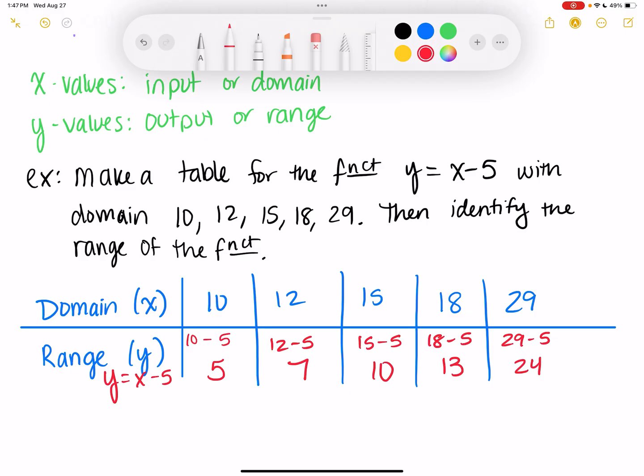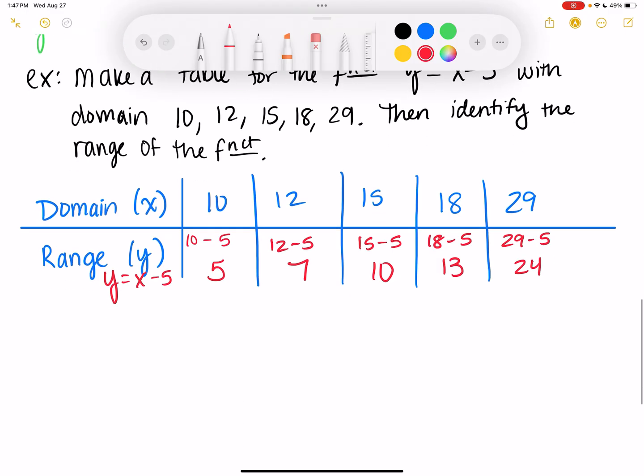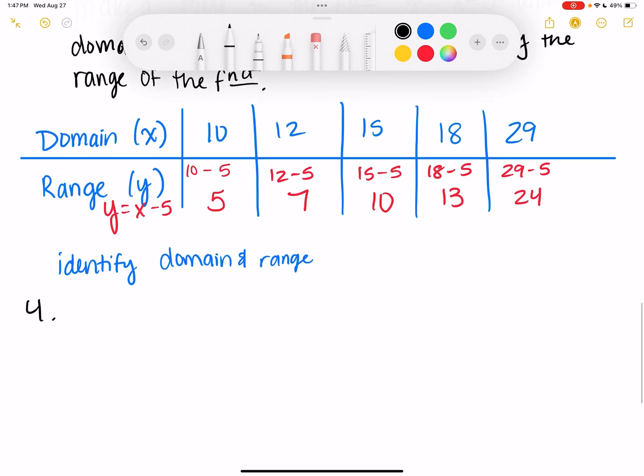Identify the domain and range of the function. So, number 4, they give us an input-output table.